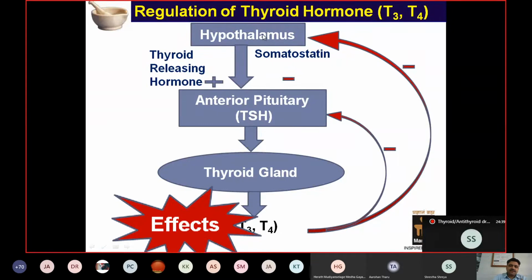Ultimately the hypothalamus and anterior pituitary gland are stimulating this. Apart from that, even somatostatin also has a negative effect on the anterior pituitary gland. So this is the regulation.